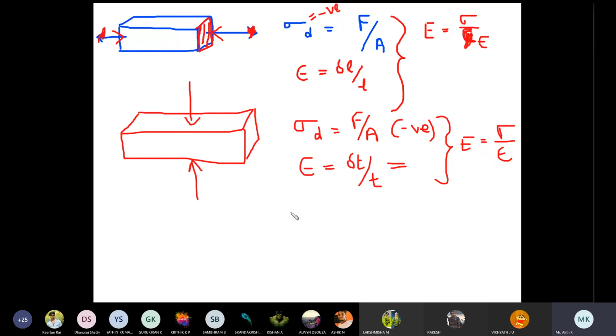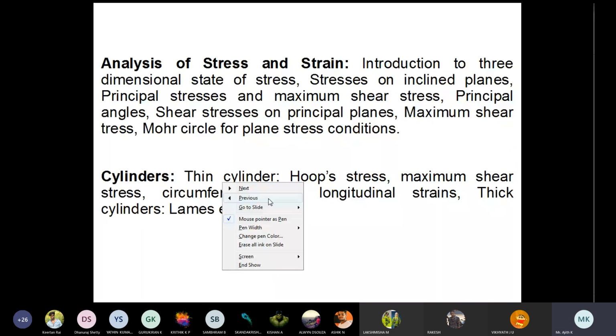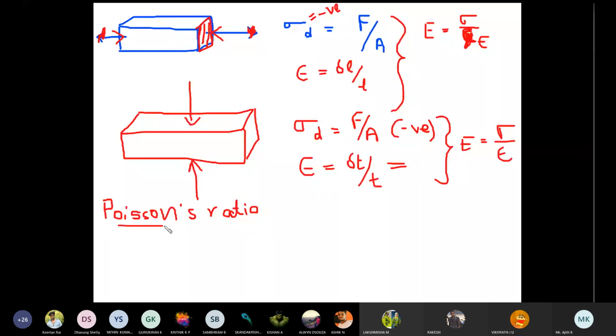So apart from these two topics, we have seen in the first chapter the definition of Poisson's ratio. Usually they will denote Poisson's ratio using either mu, or 1 by m.